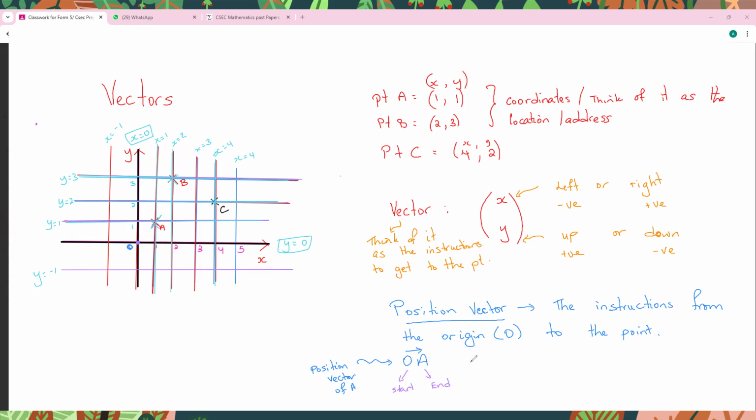So in order to write the position vector of OA, we're moving one place to the right. So where x is, we'll put 1. And we're moving one place up. So we're going to put 1 to the bottom.